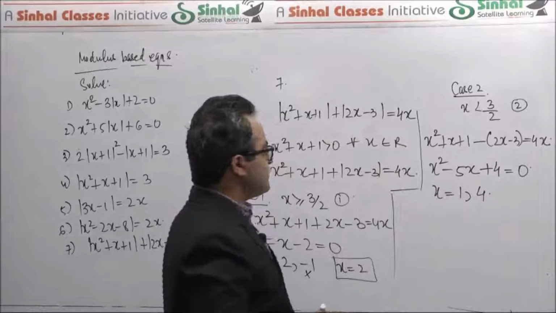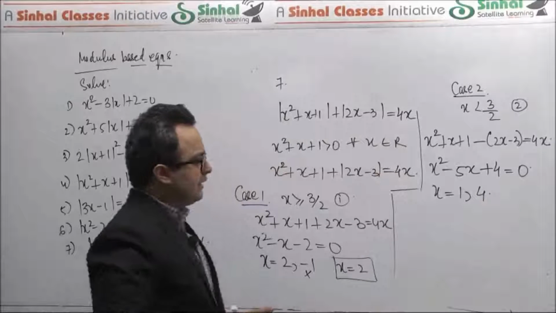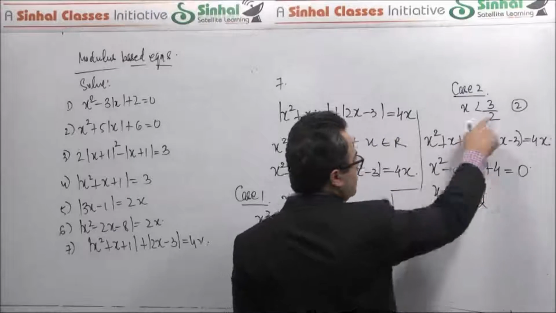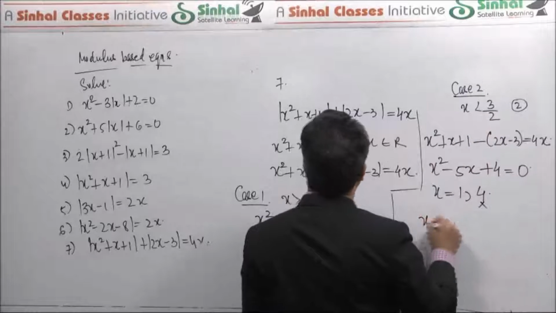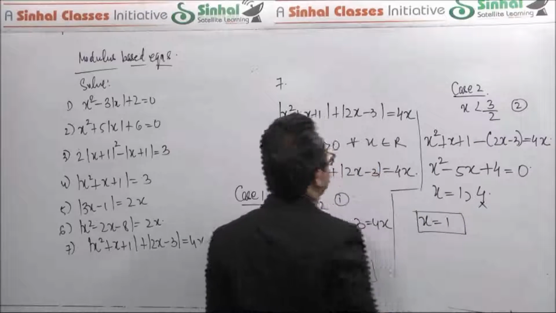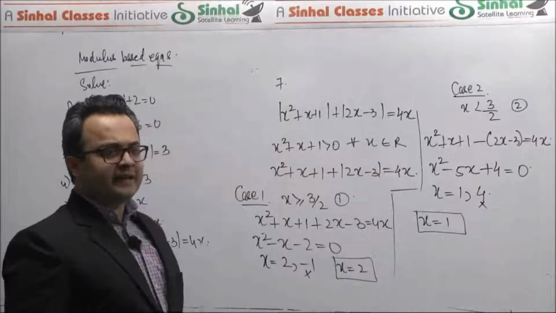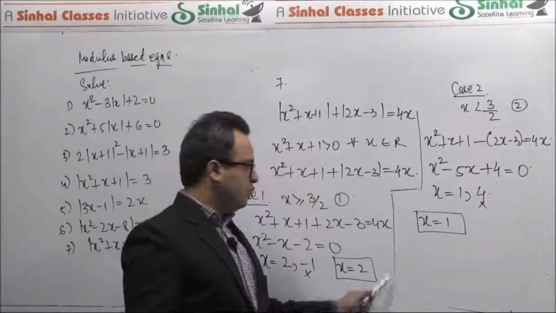So I get the values of x as 1 or 4, but then again 4 has to be rejected because it does not satisfy this condition. Right, so our final analysis is that there are only two solutions, 2 and 1.